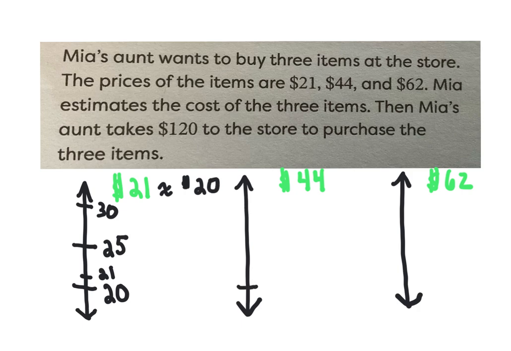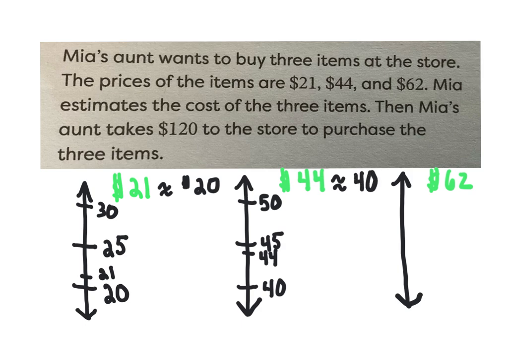The next one, 44, we have started with 40, we have 45, and then we go up to the next 10, which is 50. Where is 44 on this number line? Well, it's very close to 45, but it's less than 45, so this one gets rounded to 40.